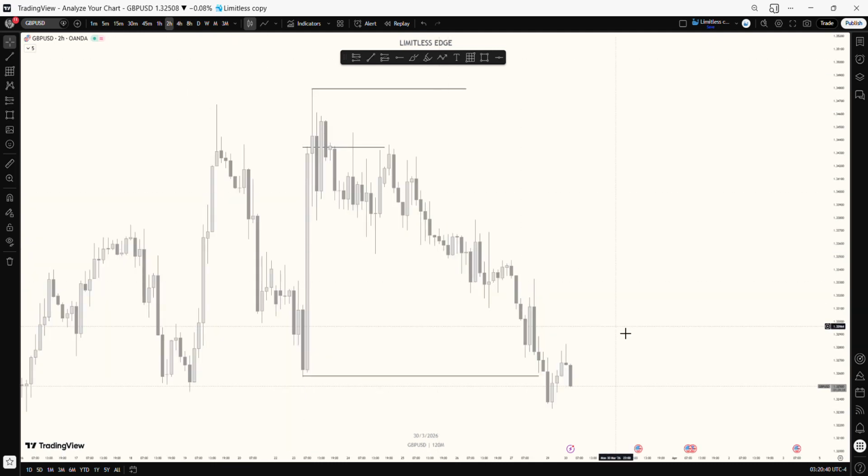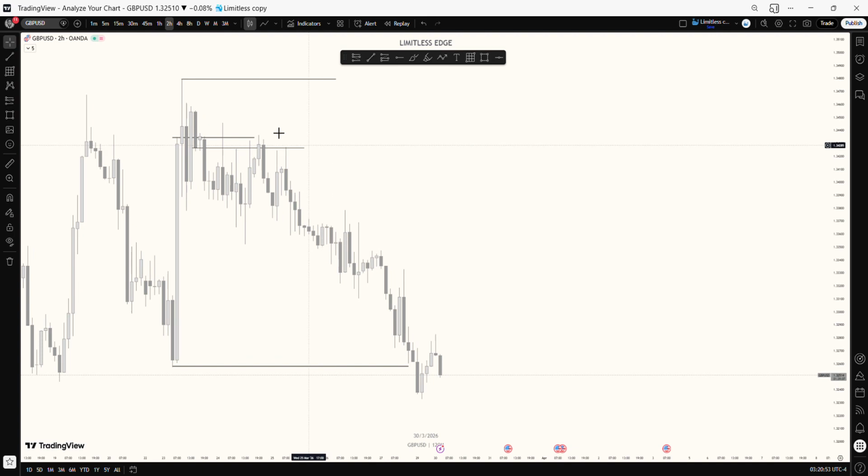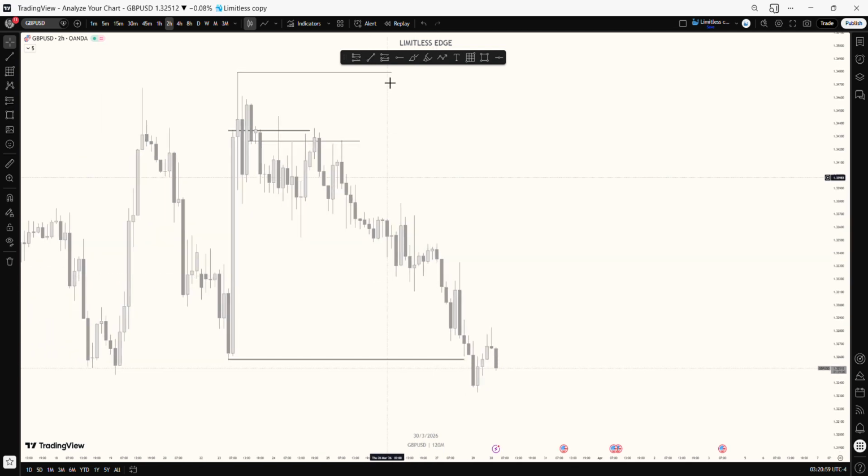Yeah, the second trade. I already explained how I was able to frame my trade from this level. I was able to identify a key level here, and I got my entry with liquidity. So this is another one, another key level here.